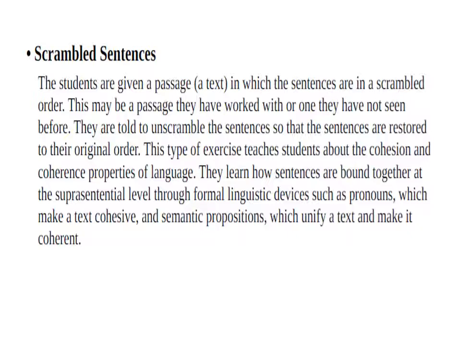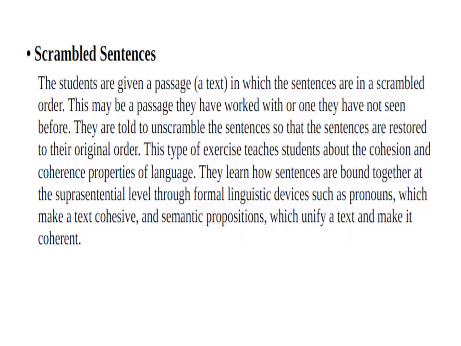This type of exercise teaches students about the cohesion and coherence properties of language. Previously, we mentioned that cohesion and coherence are related to discourse competence, which is considered one of the aspects of a student's communicative competence.